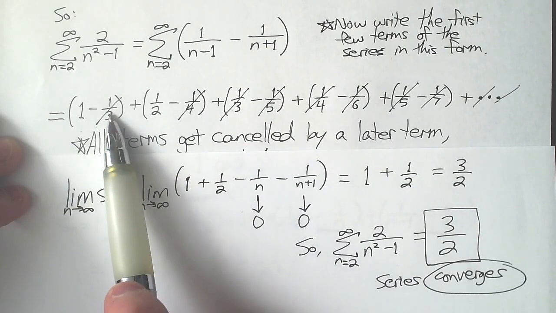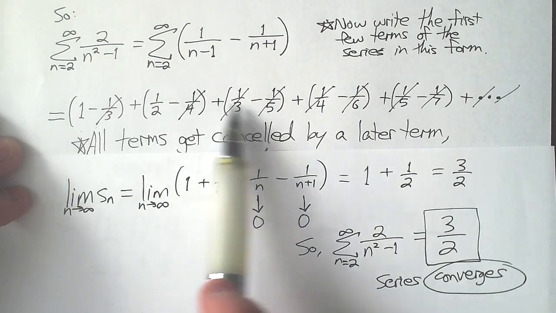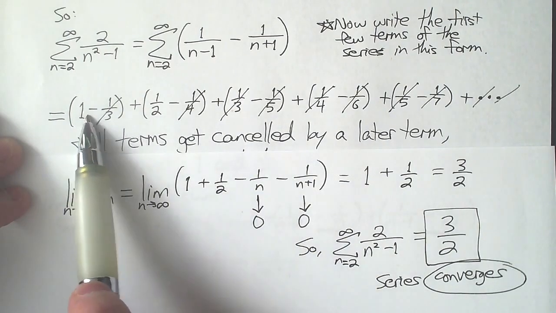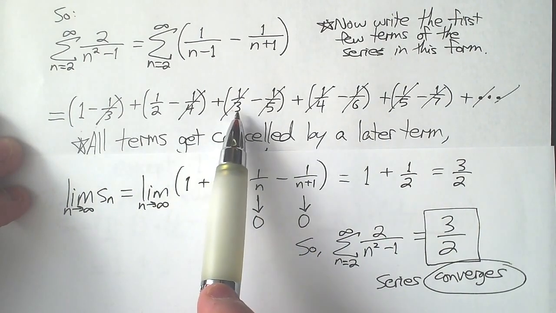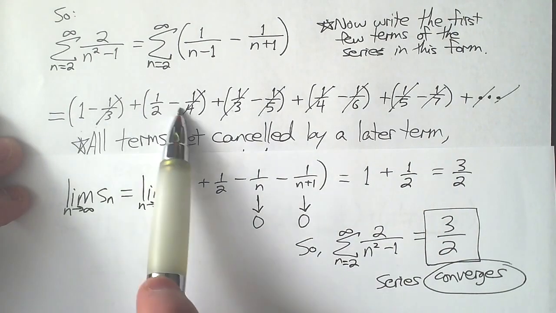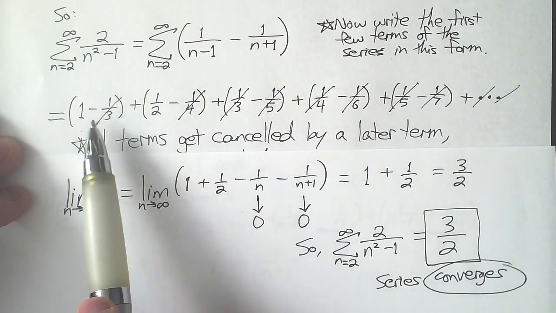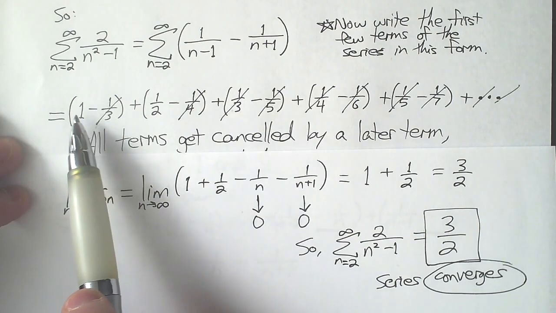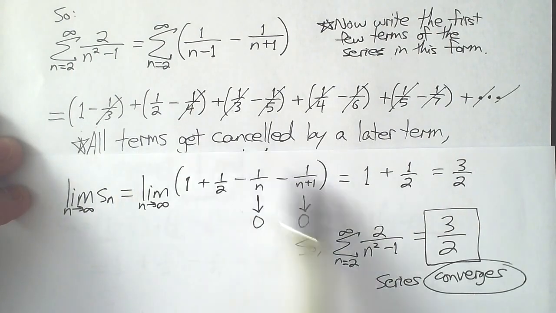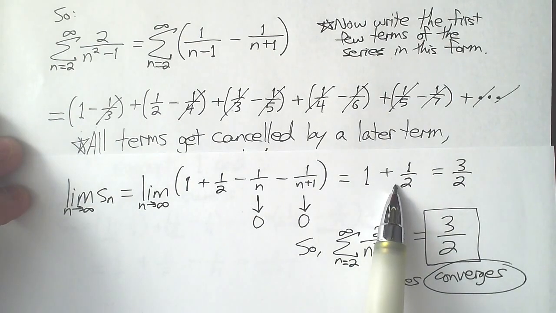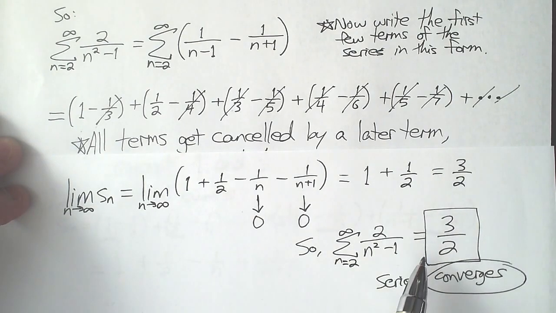Like this 1/3 did get canceled, and the 1/4 did get canceled. But in some other problem, there might be 3 terms that stick around. In this one, there were only these 2 terms left. But yeah, you have to kind of write this out to figure out which pieces are staying. Here it was the 1 and the 1/2. Ultimately, you're just adding them, and there's nothing else. All right.